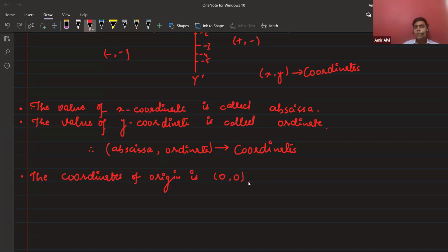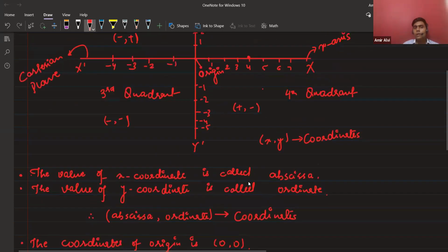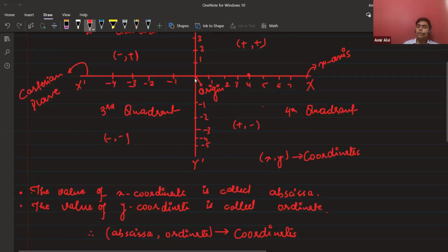If anybody asks what are the coordinates of origin, you will say 0, 0. Simrat, tell me. If this is a number line, positive is there, negative is there, and it is the 0. Same here, so it is the 0 point. X and Y will be 0. Yes or no, Simrat, dear? Any doubt? Sure?